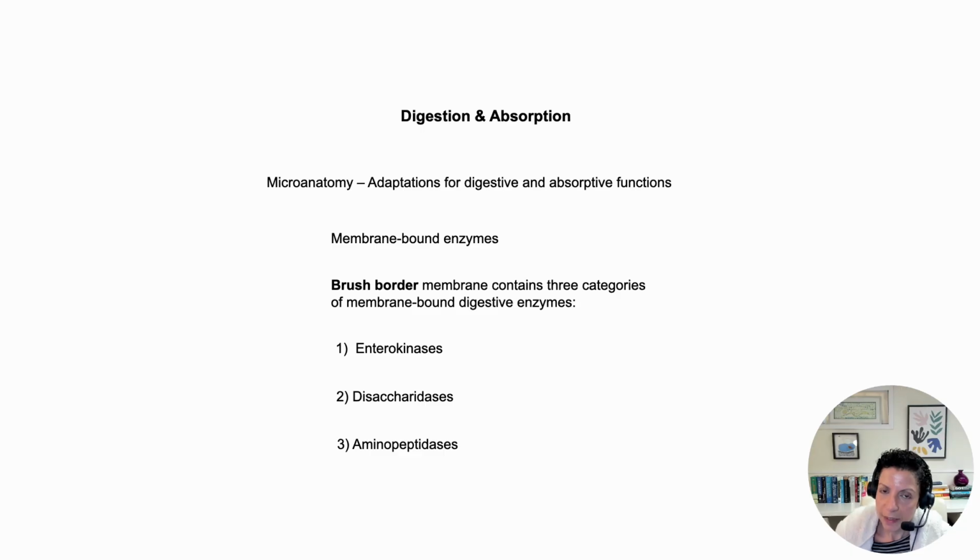There are 3 types of brush border or membrane-bound enzymes. We have enterokinase, and remember enterokinase is there to activate trypsin. Trypsin was secreted by the pancreas in the form of trypsinogen, and then trypsin goes and activates carboxypeptidase and chymotrypsin.